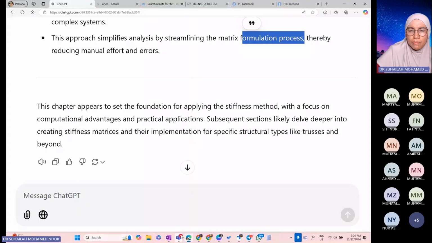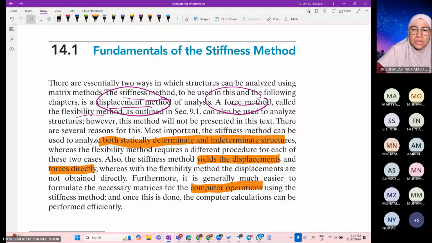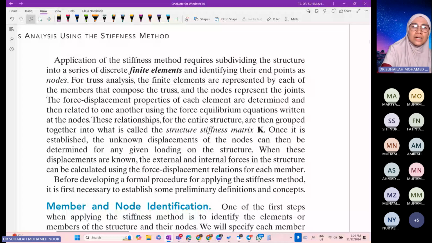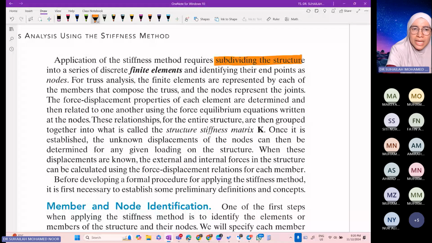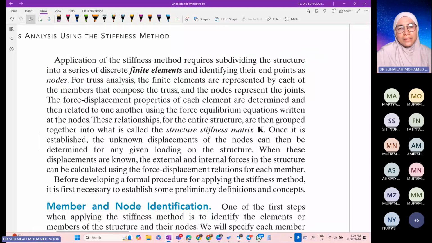Okay, so kita go back to this. Okay, kat sini ada one important term, which is this, ya. Application of stiffness method requires subdividing structure into elements and identifying their endpoints as nodes. Kita nak minta dia explain sekarang ni, what does this mean?